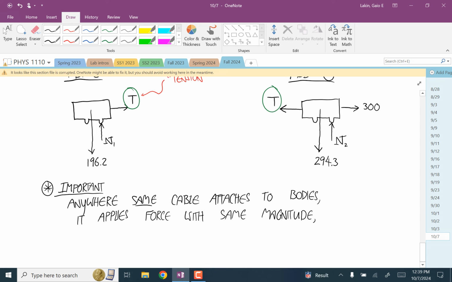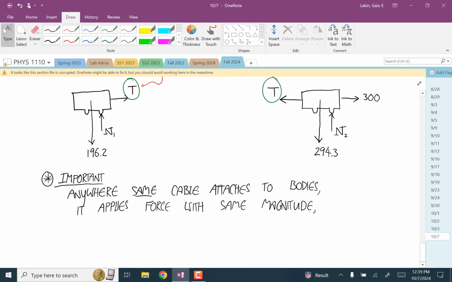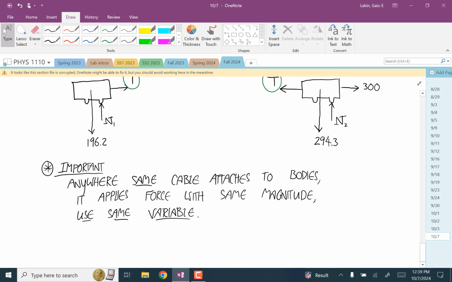And that means that you use the same variable to represent them. This is true even if that cable passes through pulleys along its path.